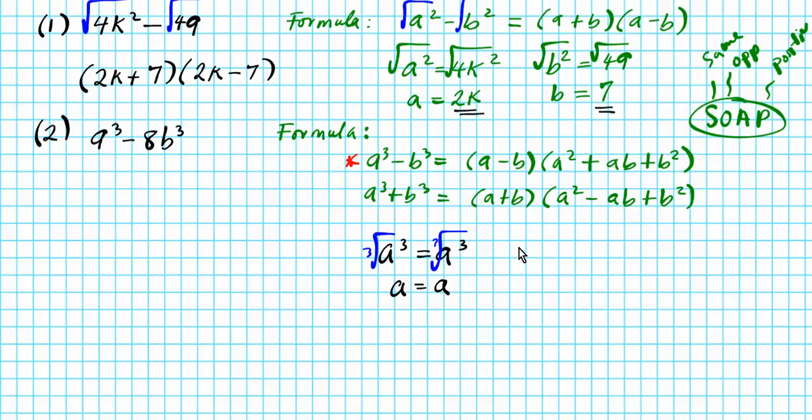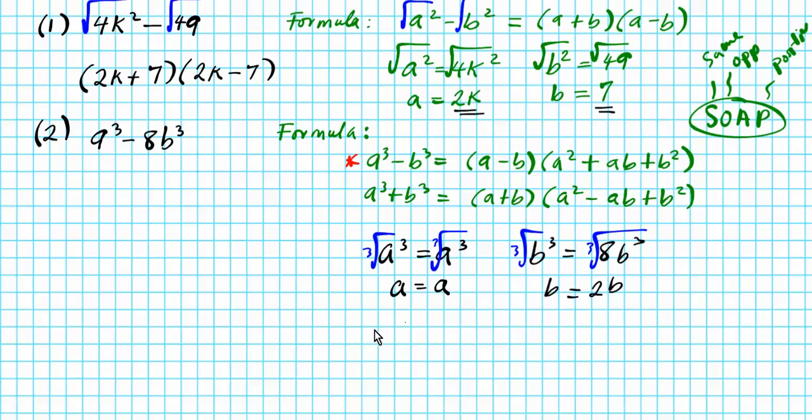And then to find b, we set b to the third equal to 8b to the third, so we take the third root of both sides. Okay, so b is going to be, what is the third root of 8? What do you multiply by itself 3 times to get 8? It's 2, right? And the cube root of b to the third is b. Okay, so we have our a and b.